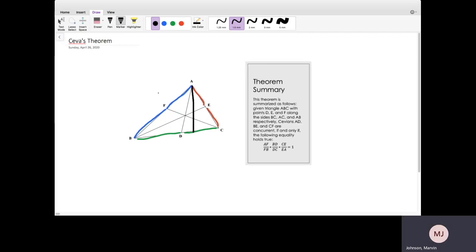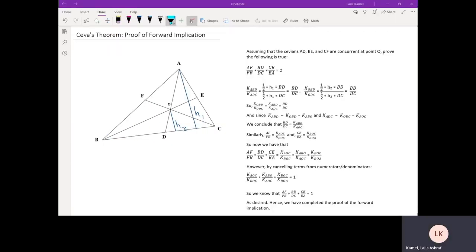So let's go on to proving the if and only if statement. To begin proving Ceva's theorem, we first have to prove the forward implication, and then we have to prove the backward implication. So let's get started with the forward implication.